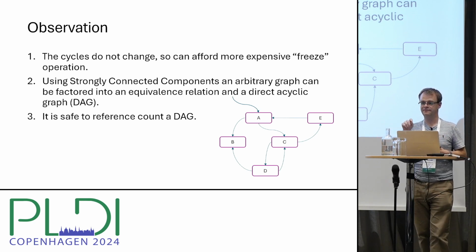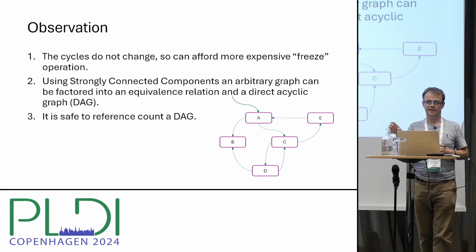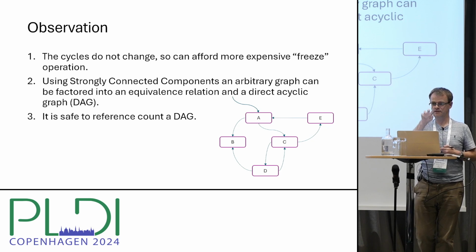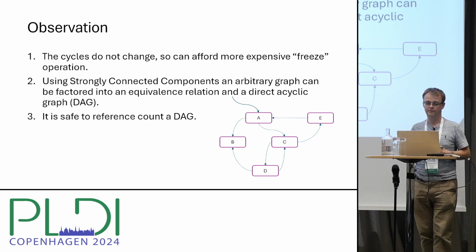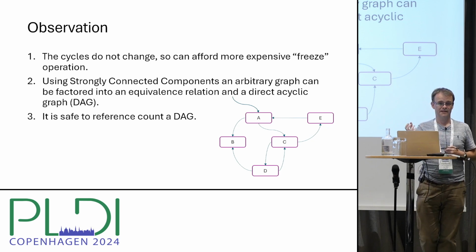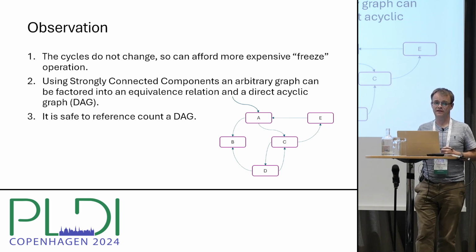What I mean is that every graph can be turned into a DAG, something that can be reference counted nicely, and an equivalence relation. So basically you've got little groups of objects. That means if we do reference counting at the level of SCCs, then it's safe to reference count an arbitrary graph.